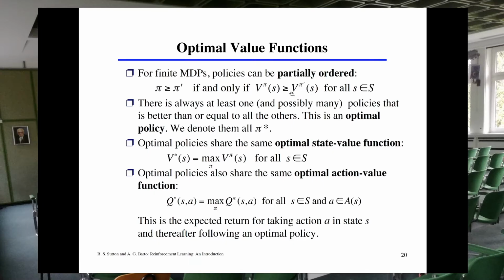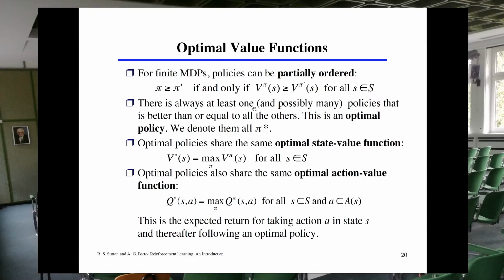And this should be true for every state in the set of states. So given two policies, if the value of one policy is larger or equal to the values of the other policy, we say that this policy is better than the policy pi prime.